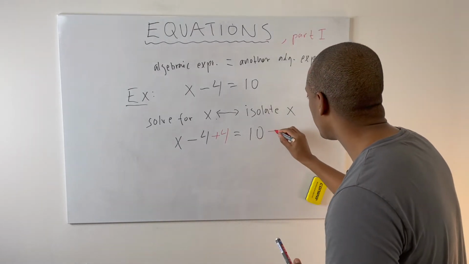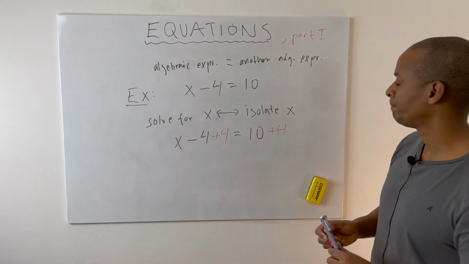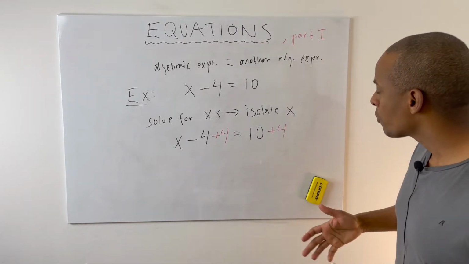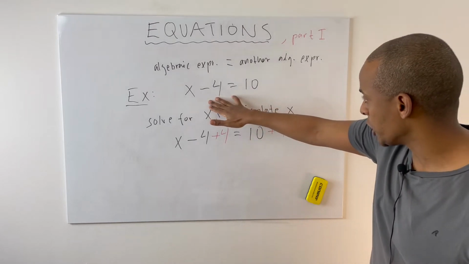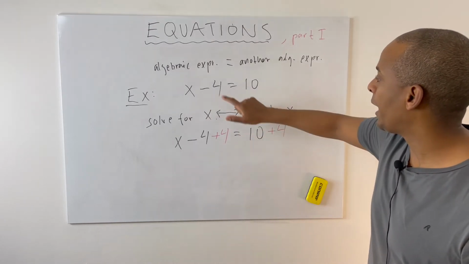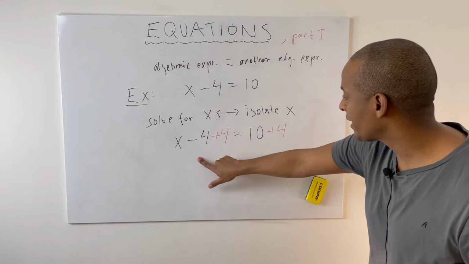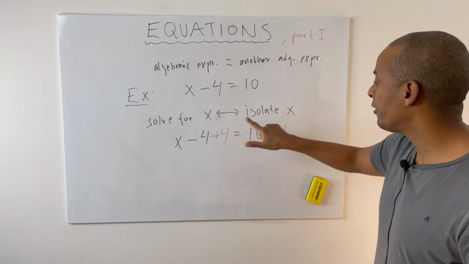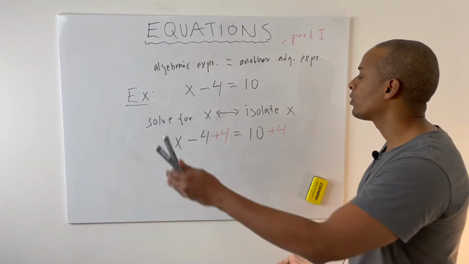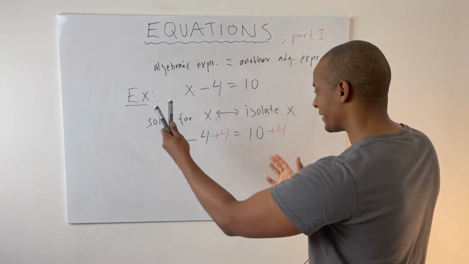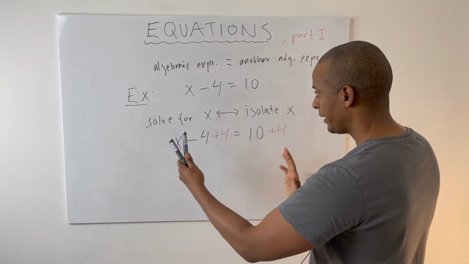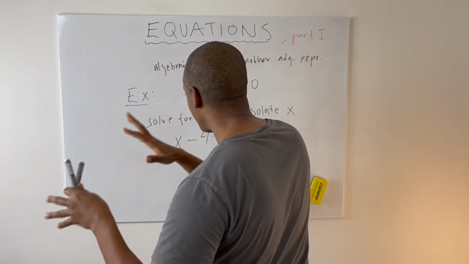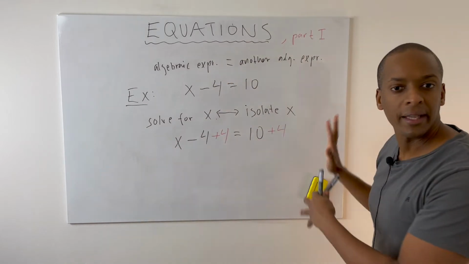So I have to add a 4 here as well. So what we did here is we took the equation and we added 4 on each side, on the left-hand side and on the right-hand side. And the reason we have to do it on both sides is that the equation always has to balance. If I do something to the left-hand side of the equation, I have to do the exact same thing to the right-hand side of the equation.